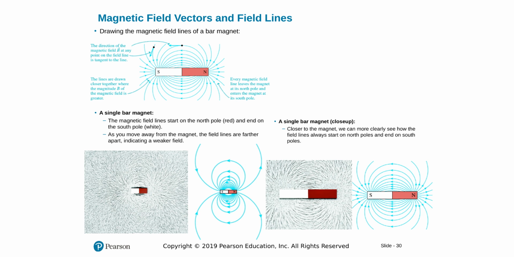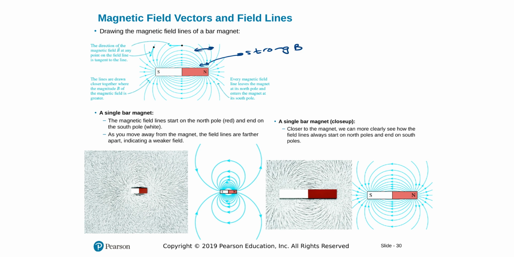Just like electric field lines, we can draw magnetic field lines. When they're closer to each other, we have a strong magnetic field, strong B, let's say here.